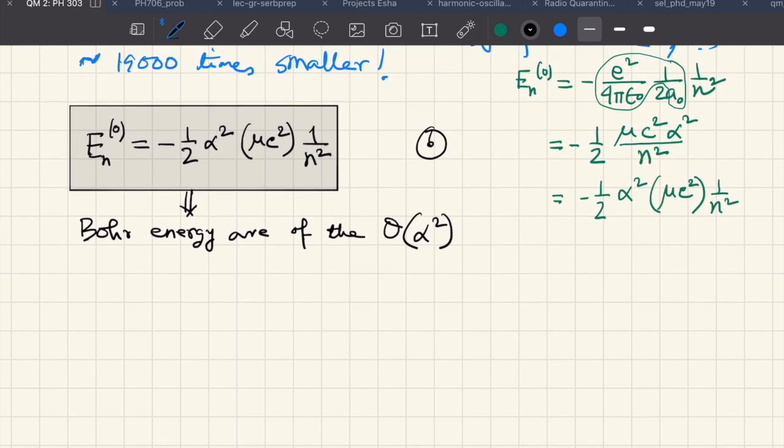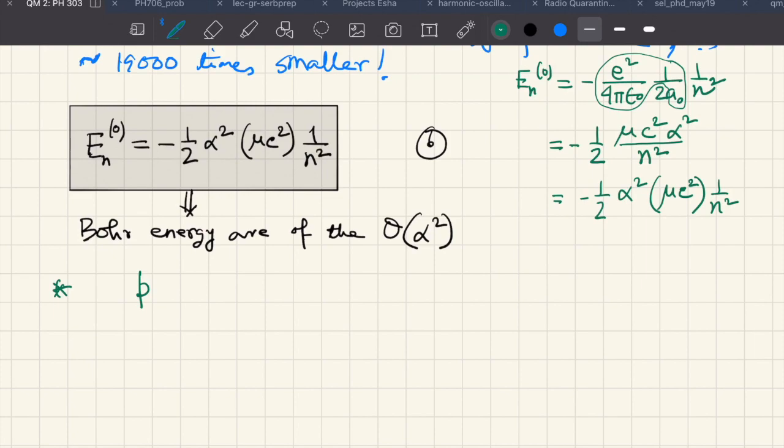Now let us actually take a look at something different. The typical momentum in hydrogen atom, suppose we are considering this Bohr radius, and if I simply write down the uncertainty relation, then I know that p times a0 should be of the order of h cross.